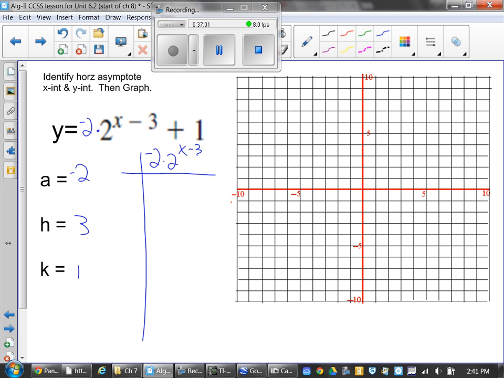Negative 2, negative 1, 0, 1, 2. 1/4, 1/2, -2, -4, -8. Thank you. So your parent function winds up with those sets of ordered pairs. You plot them through.